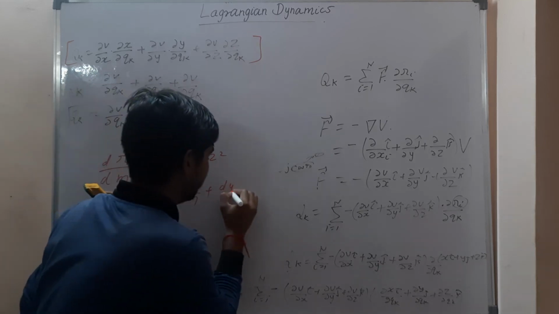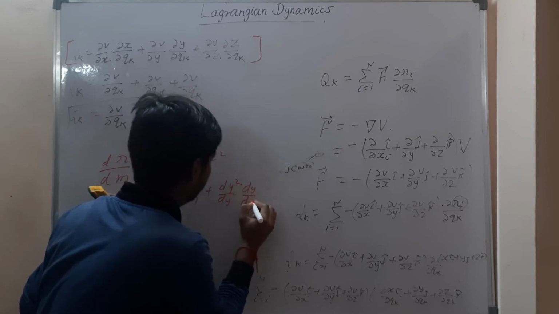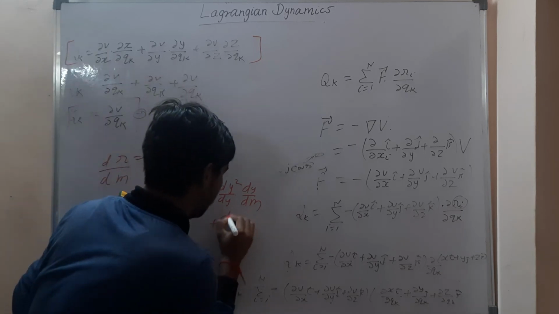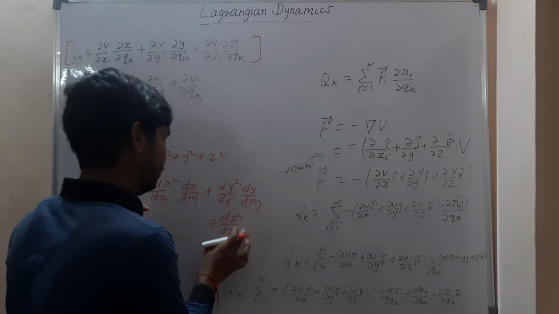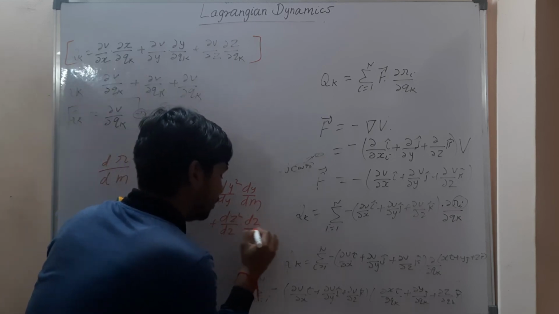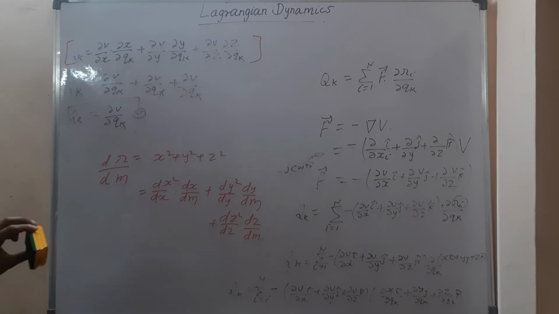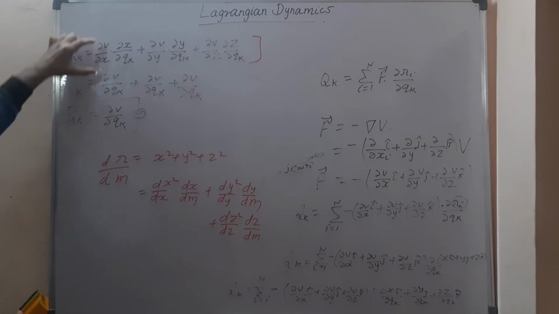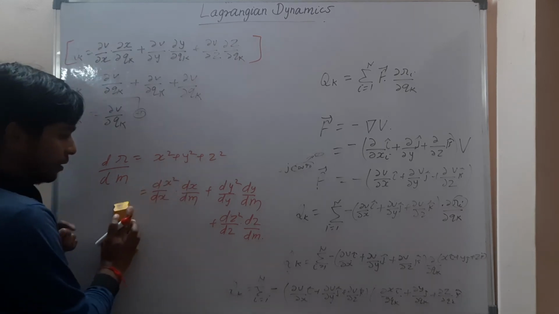So I differentiate with dy, and then y with respect to m. Similarly for z, z square by z: first I differentiate with respect to z, then z with respect to m. The same thing I did in this one.